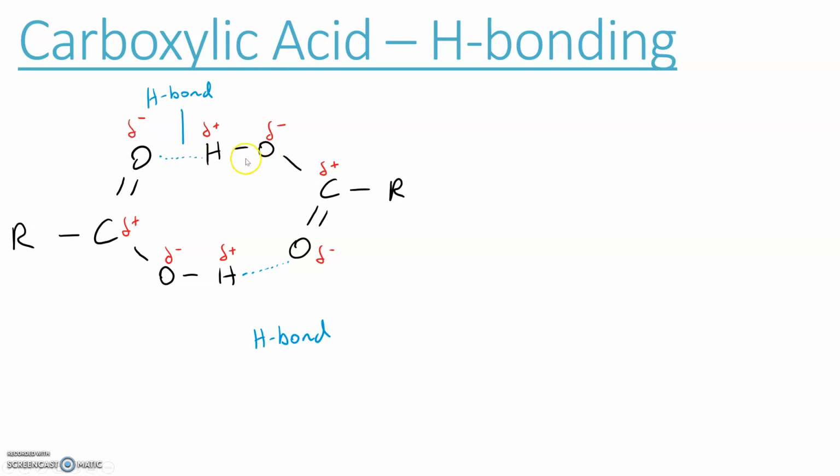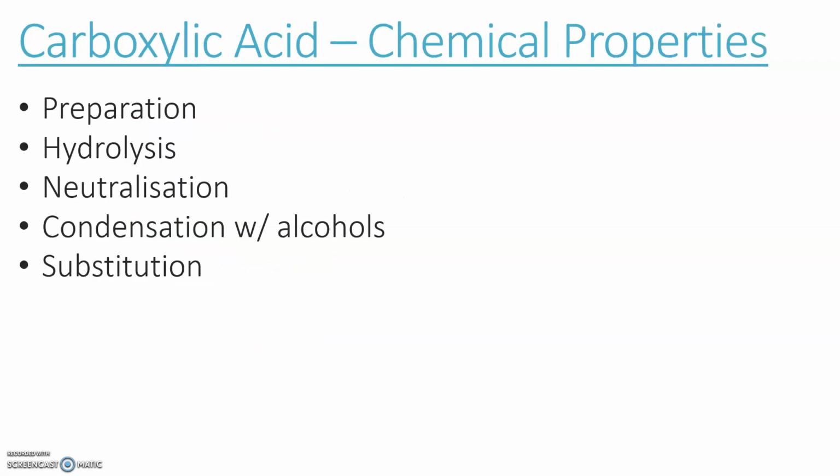Just to reiterate, what happens is this pair of shared electrons is pulled away from the hydrogen, leaving basically an exposed nucleus, which is strongly attracted to negative charges, as we have here. We have unpaired electrons on this oxygen. So we get a hydrogen bond here and also here. So we get two hydrogen bonds between each pair of carboxylic acid molecules, double hydrogen bonding.